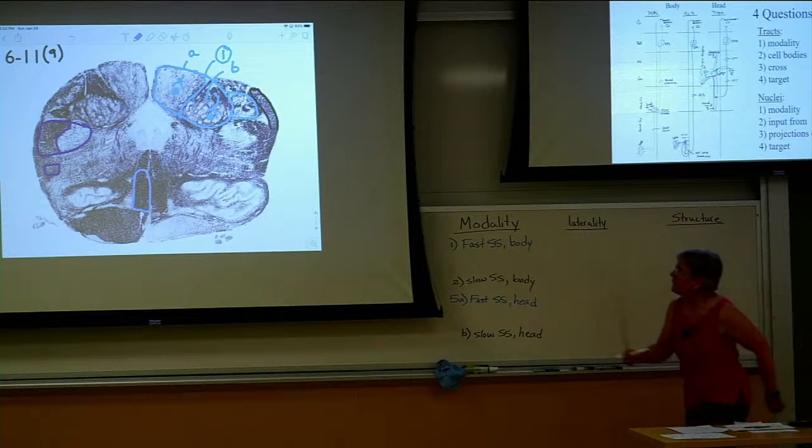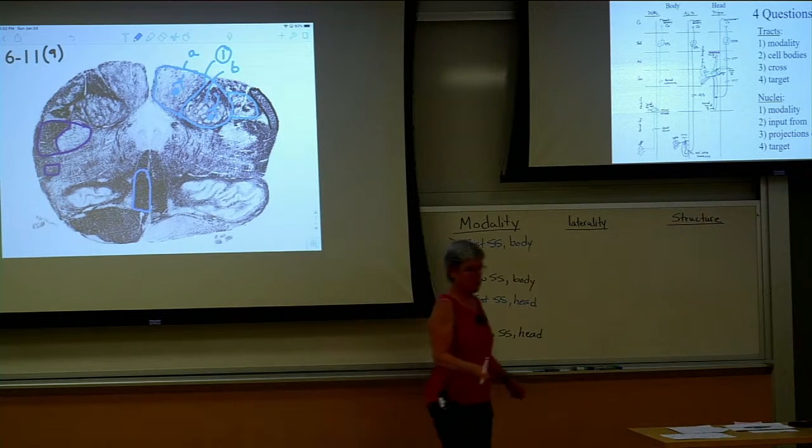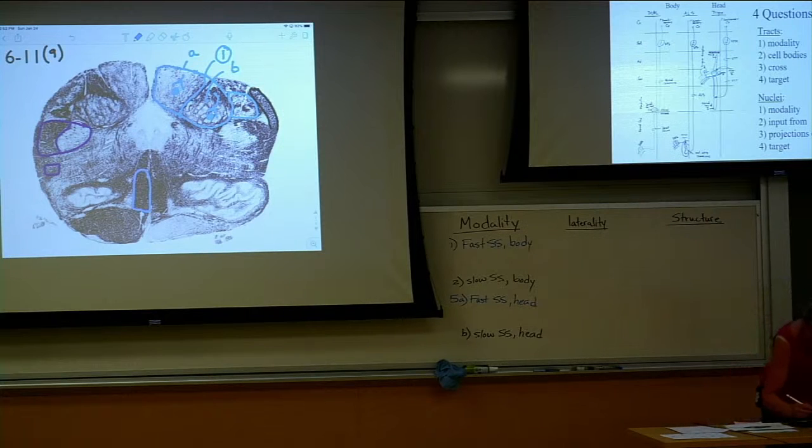And all of these fibers sweeping around here, those are our internal arcuate fibers. So these neurons are sending their axons across the midline, where they will then ascend up to the thalamus, specifically ventroposterolateral nucleus, and we'll get to that when we get to thalamus, don't panic.